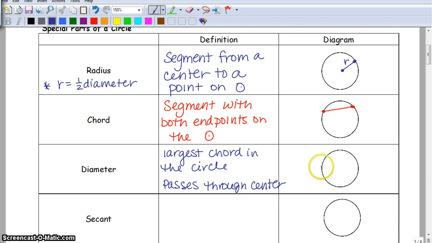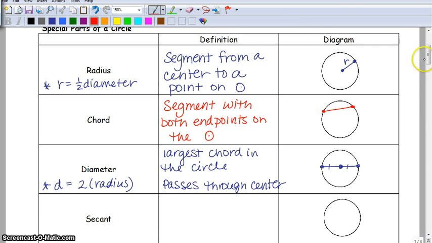So if I were to draw a diameter here, it would have to go directly through the center. And just remember that the diameter gets cut in half by the center because it's got two radii that form it. So your diameter, just a side note, is 2 times the radius. So you can go back and forth between a diameter and a radius.